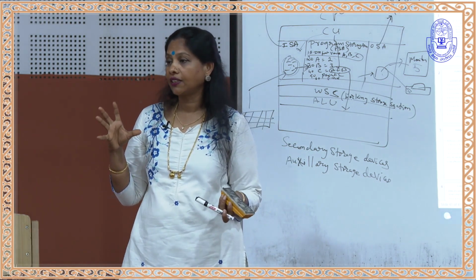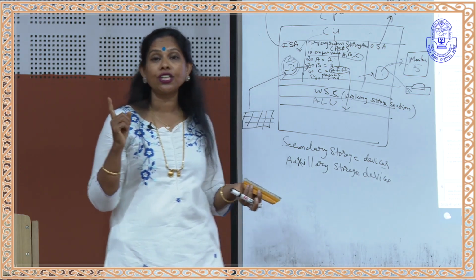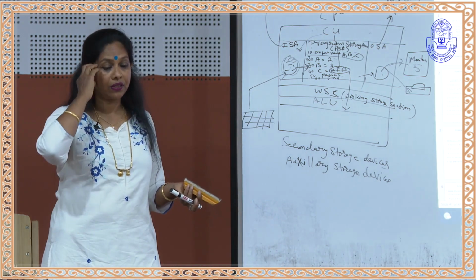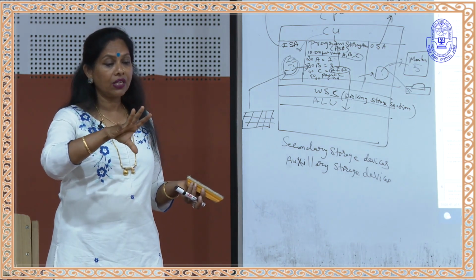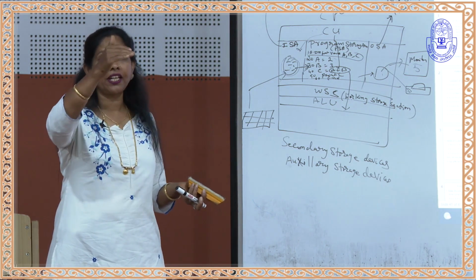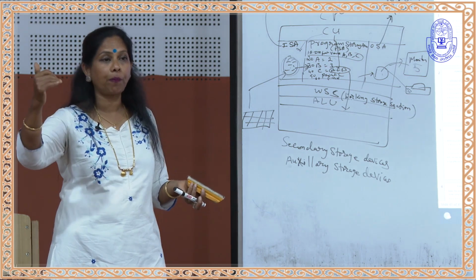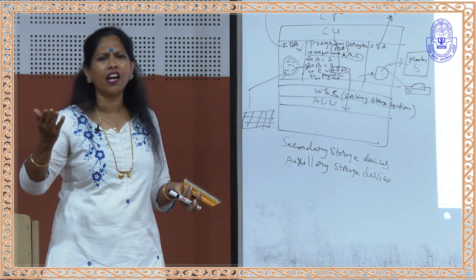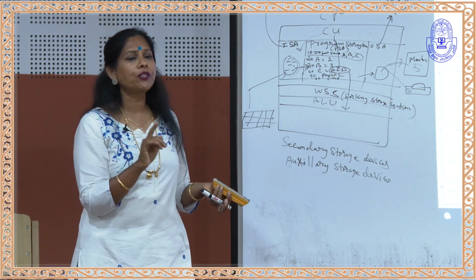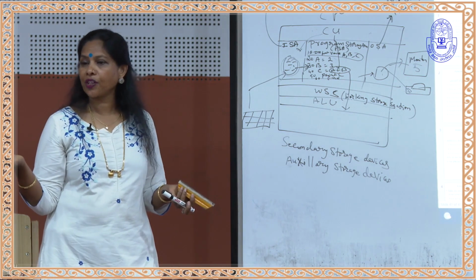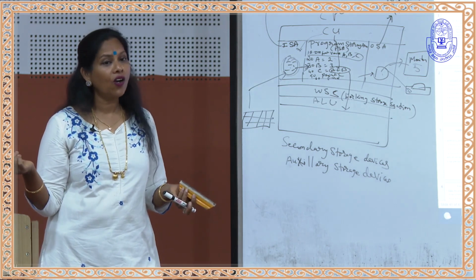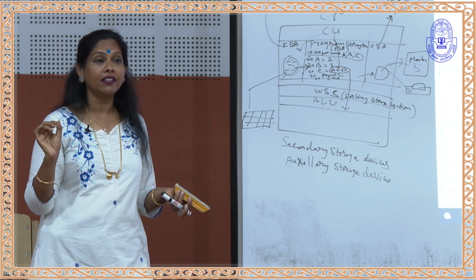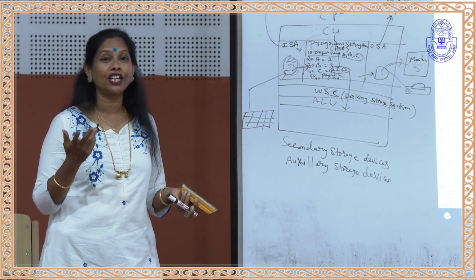Okay, got it? Now they will confuse you in the exam. They will write so many things. Option A, pen drive. Option B, floppy. Option C, CD, CDR, CDRW. Option D, all the above. Which is correct? All the above is the precise answer. They will not tell you secondary storage devices.